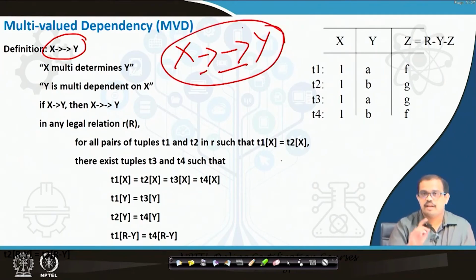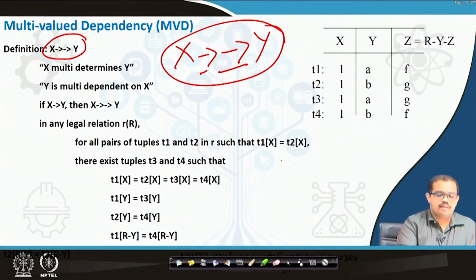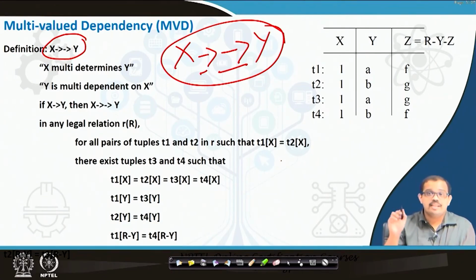So, it has a multi-valued function. X multi-determines y; y is multi-determined by, or dependent on, x. So, if y is functionally dependent on x, then x determines y, sorry.